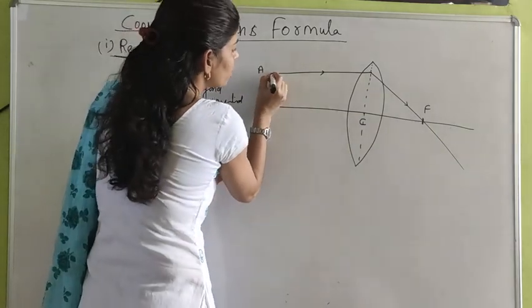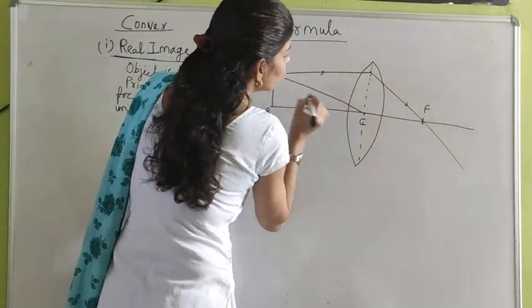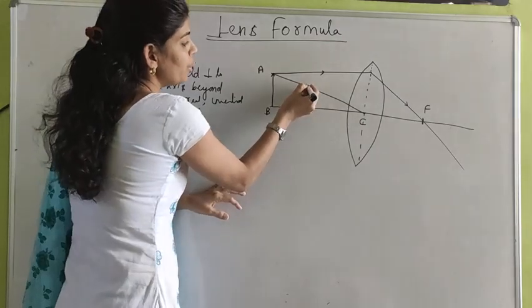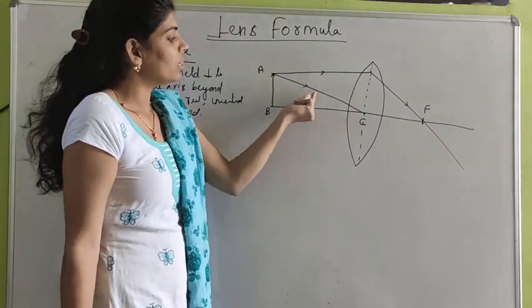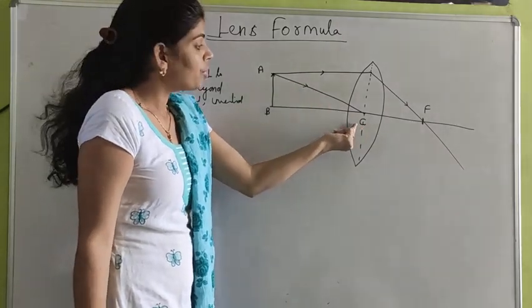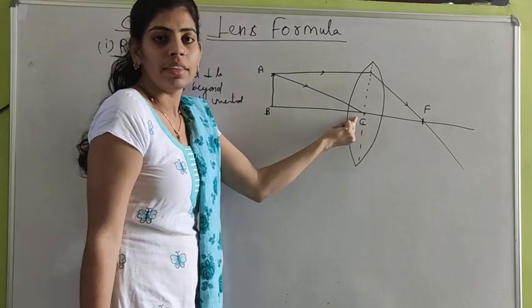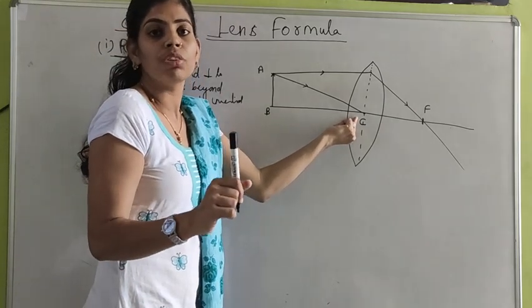Second ray from the object will pass through the optical center, and you know the rule, the ray passing through the optical center after entering into the lens will not deviate from its original path.